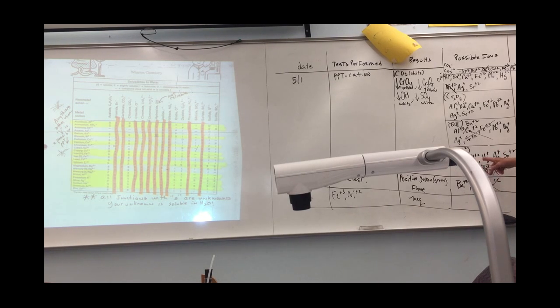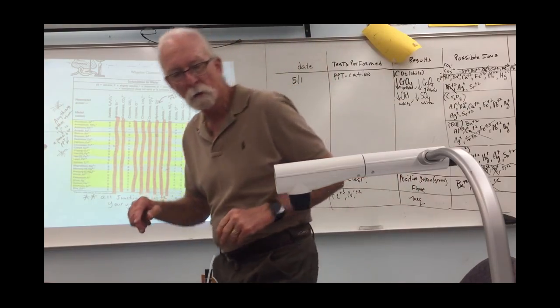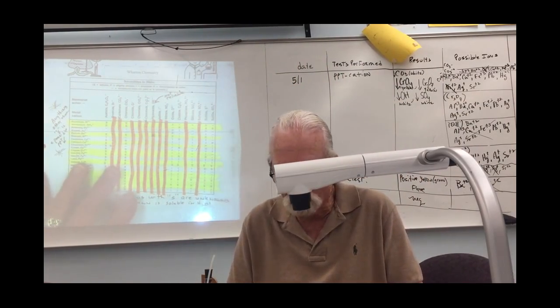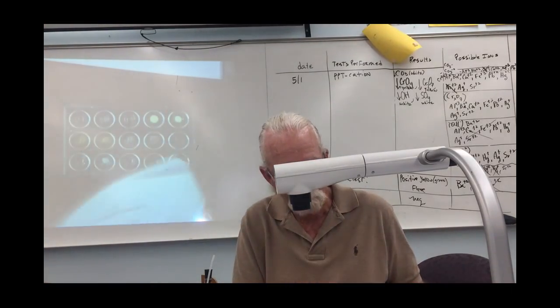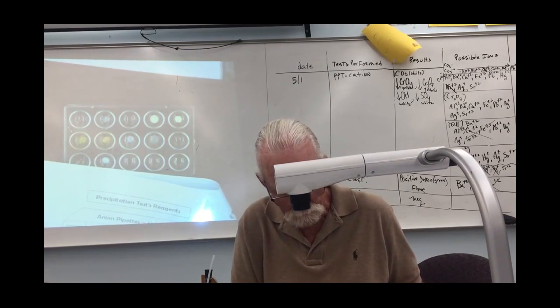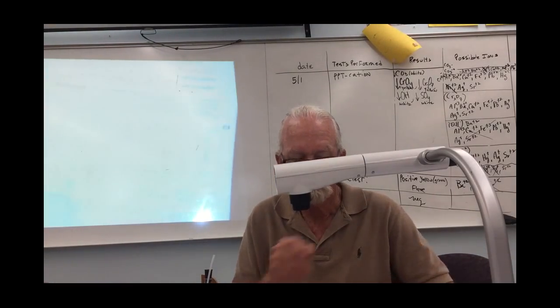Now I've come to this right here. I've narrowed my unknown down to 5 cations. That's when I look at this chart. Right here.